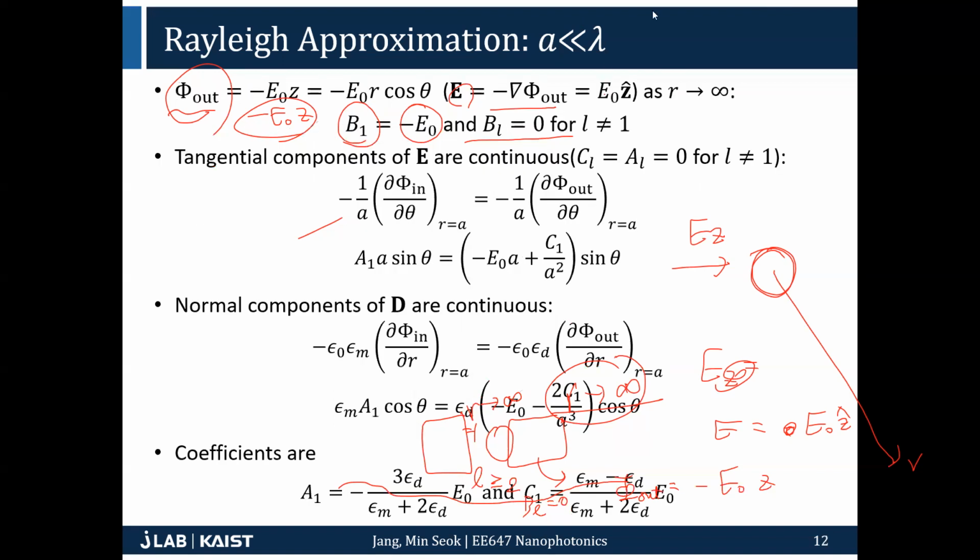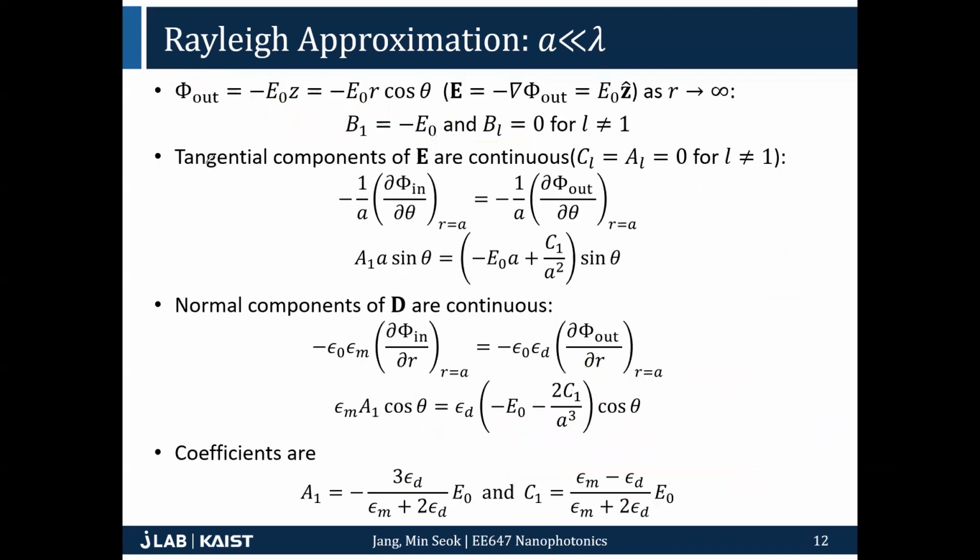And then the tangential components of the E field are continuous along the interface, and the normal components of the D field are continuous. So this E field is continuous, and this normal D field is continuous.